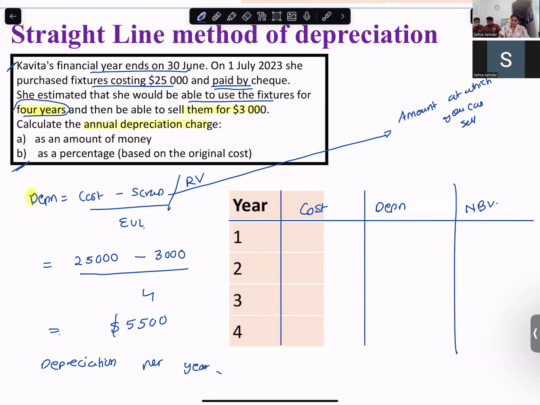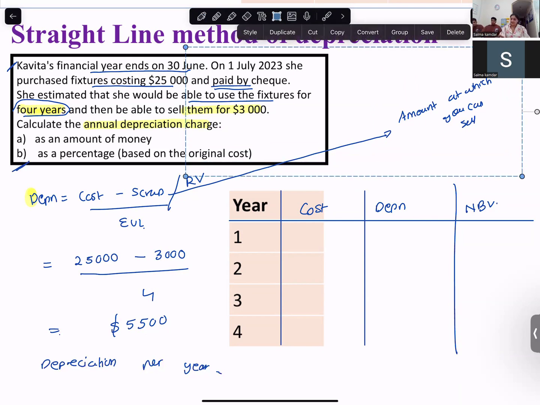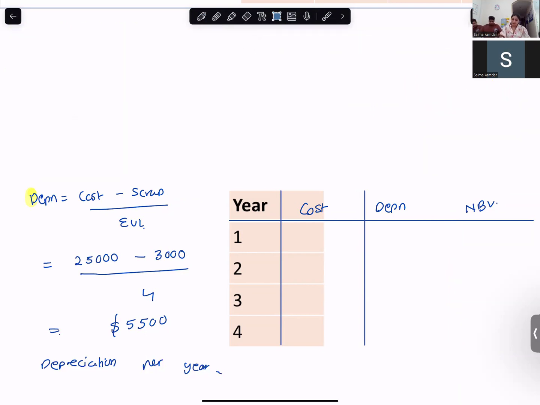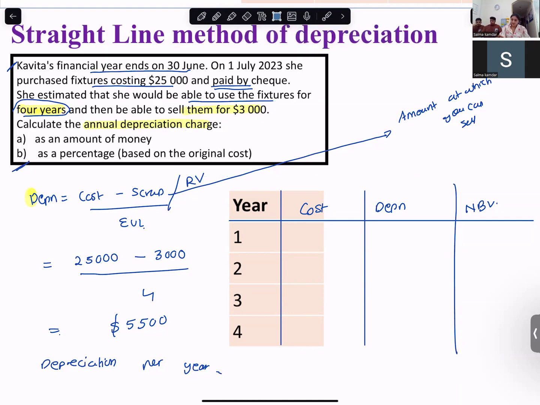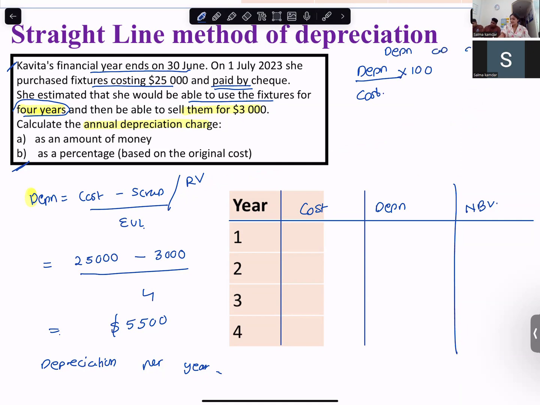depreciation as a percentage. This is very easy. If I am talking about depreciation as a percentage, you should know the formula. It is depreciation over the cost of the asset into 100.